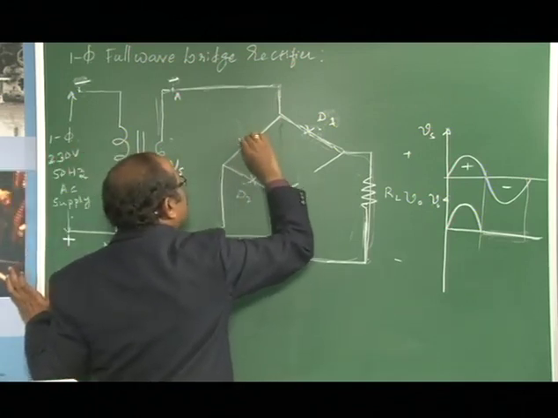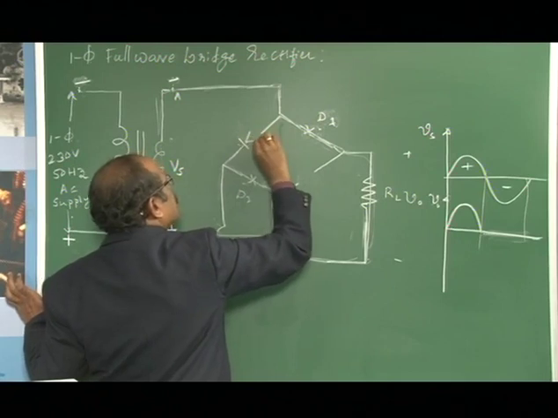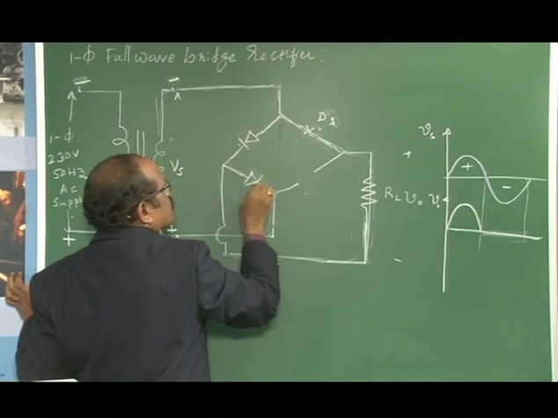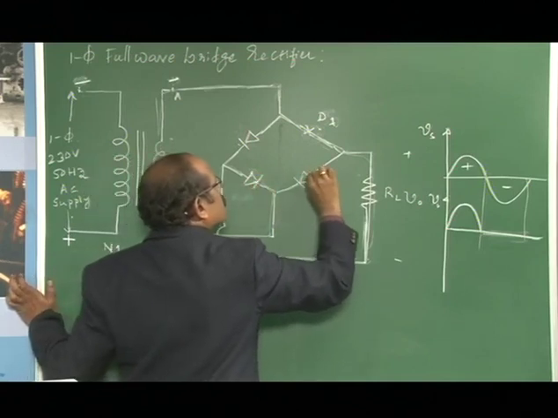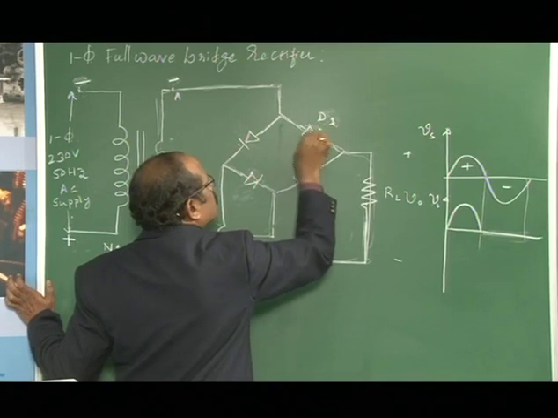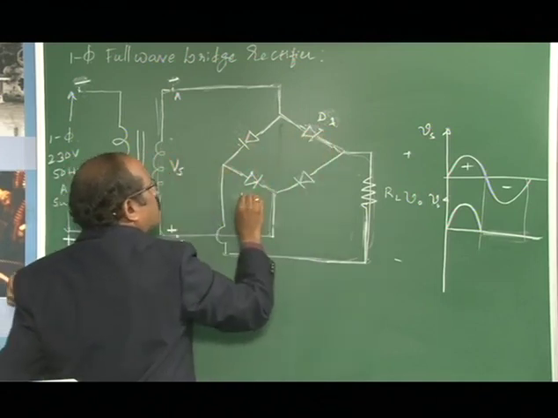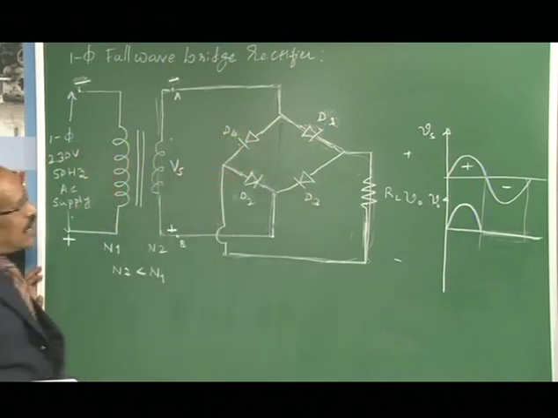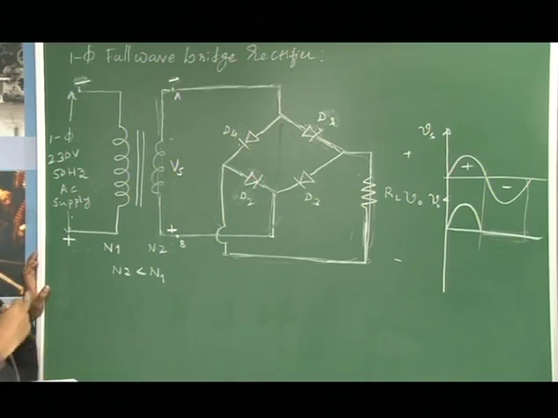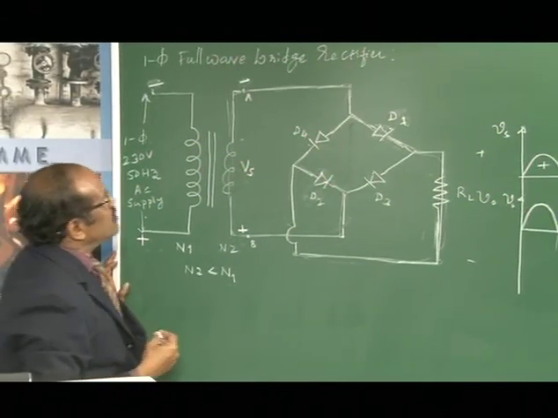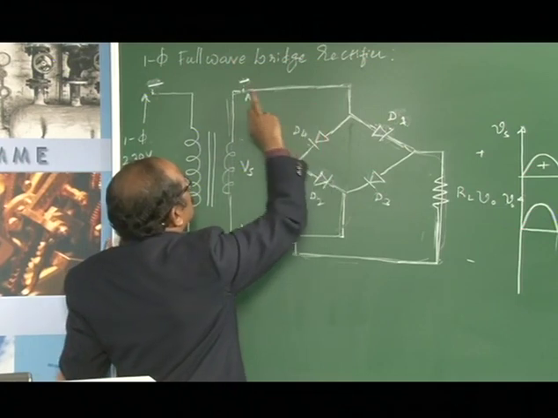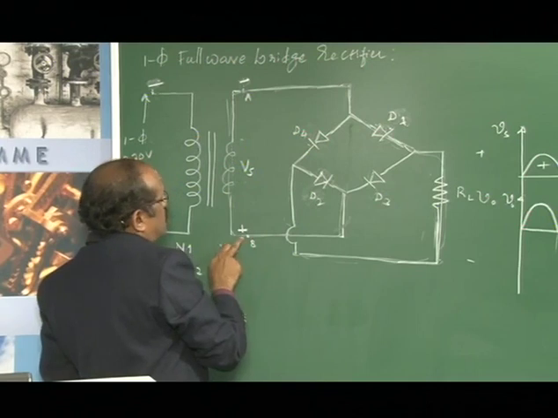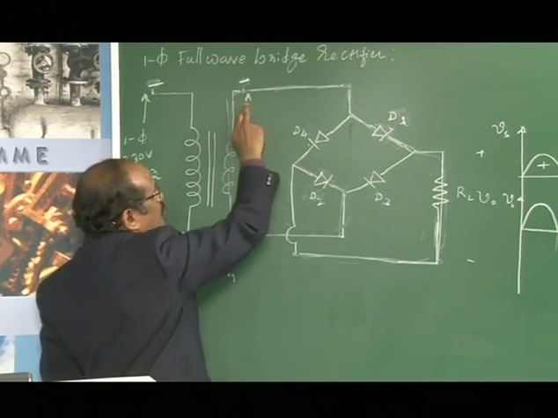Now, as we have seen, there are four diodes here. This is diode D1 and diode D2, and this is D3 and D4. Let us analyze how this full wave bridge rectifier acts here. Terminal A is at negative potential with reference to B, so B is at positive potential, whereas A is at negative potential.